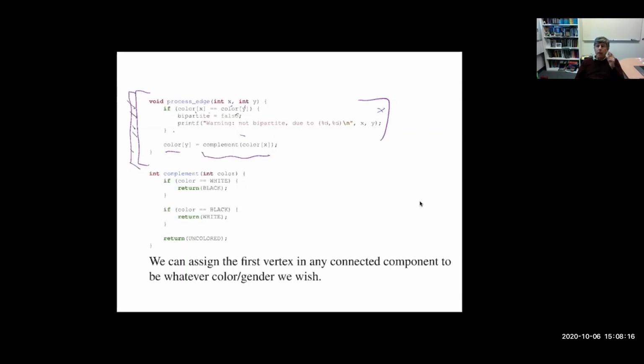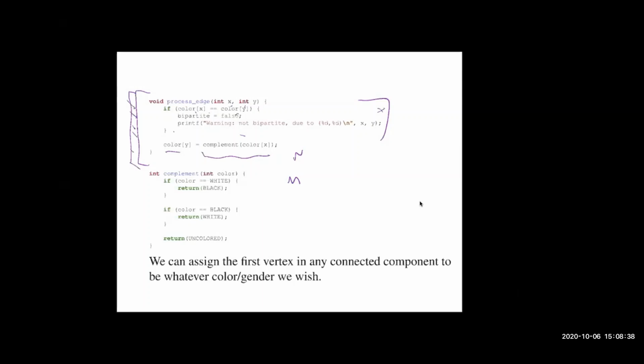What is the running time of this algorithm to two-color a graph? If I have a graph with n vertices and m edges, what's the time it's going to take to two-color the graph? Somebody. N plus m.